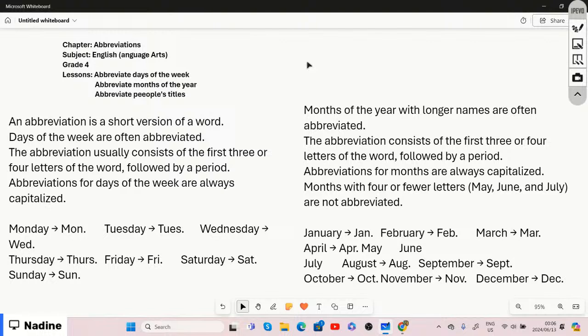All right. So when it comes to abbreviations, right, an abbreviation is a short version of a word. So whether it's going to be a short version of the days of the week, short version of the months of the year, or the short version of titles, right? But it is a short version of a word, and that is abbreviations.